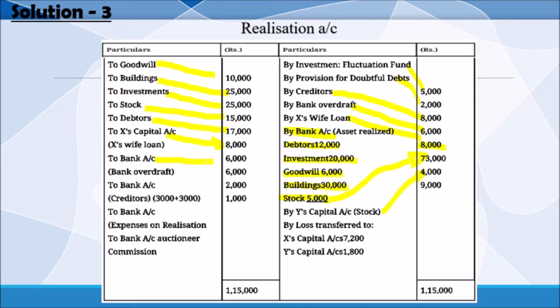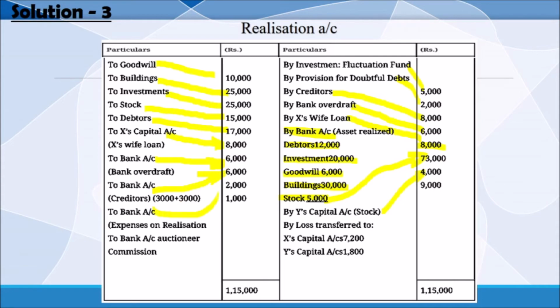credit liabilities 6,000, by bank realized, and the realized value of creditors. What is that? 3,000 remaining and 3,000 for settlement of 5,000. Okay, so total it will be, instead of 8,000, it will be 6,000.